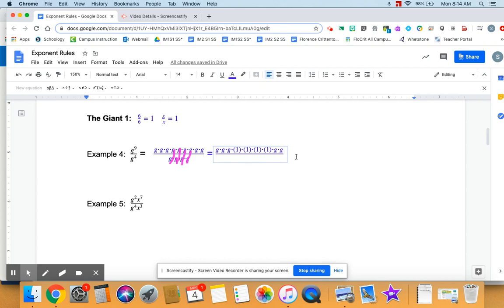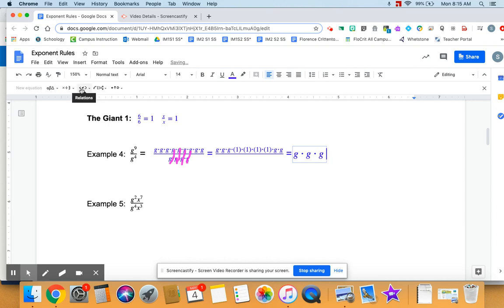So if I were to try to simplify this out, anything times 1 is just itself. Like 5 times 1 is still 5. x times 1 is still x. And g times 1 is still g. So g times g times g times 1 times 1 times 1 times 1, it's like the 1s don't even need to be there. So really what I have is g times g times g.